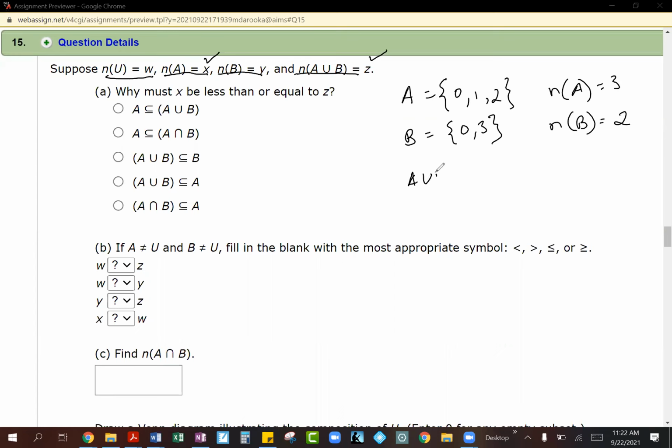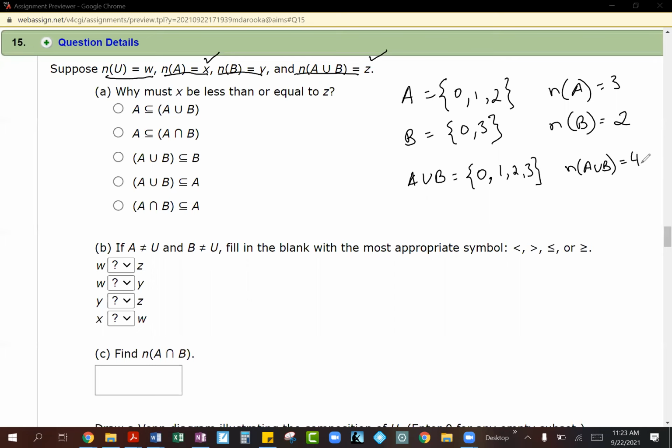When I take A union B, whatever is repeating, we only write down once. So that's 0, then 1, 2, and 3, and the cardinal number for A union B comes out to be 4.